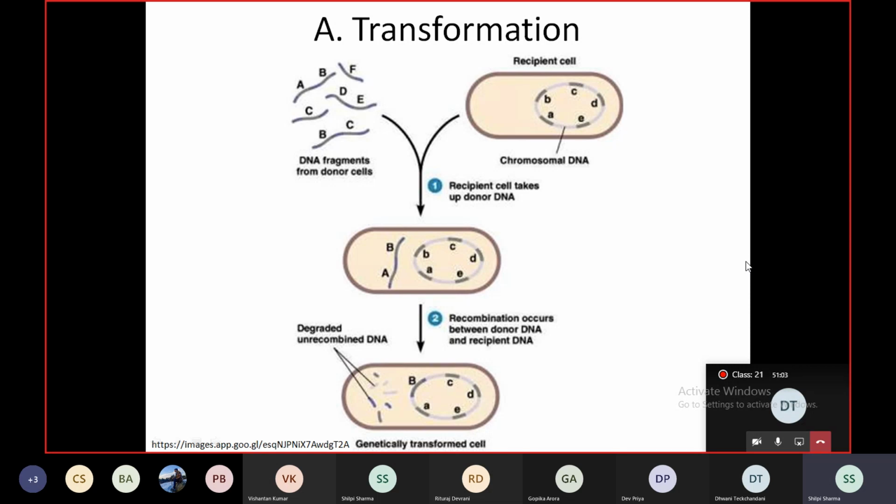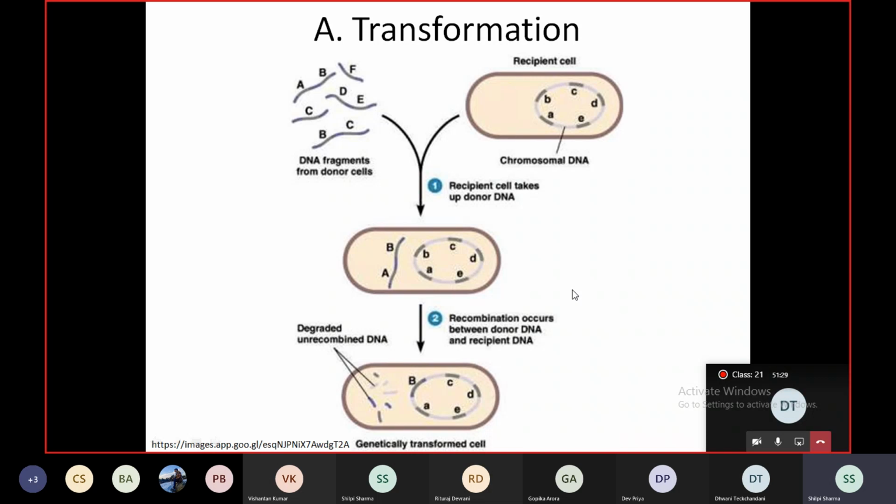So bacterial cells with such an ability to take up extracellular DNA are termed competent cells. And transformation is believed to work best with DNA from closely related species. Whether it is intergeneric or interspecies, usually closely related species lead to the best transformation.